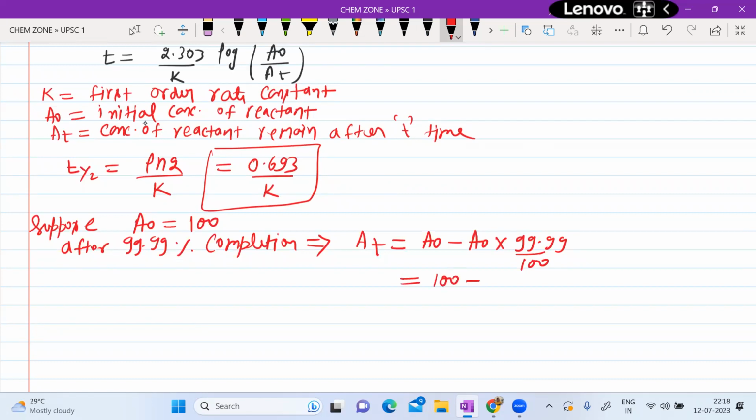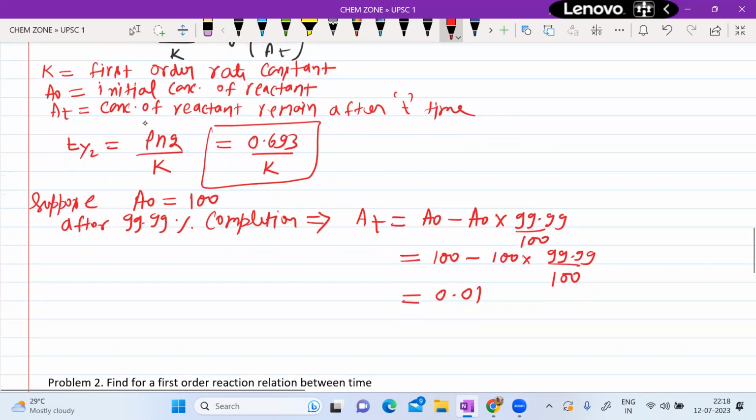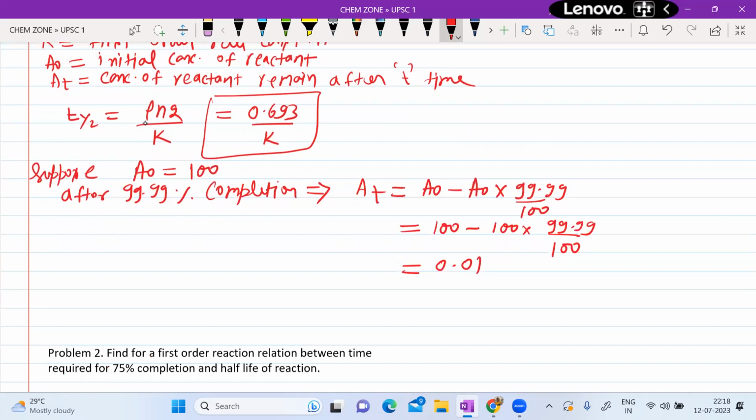So as we assume A0 as 100, you can write 0.1 as the amount of concentration remaining after 99.9% completion.